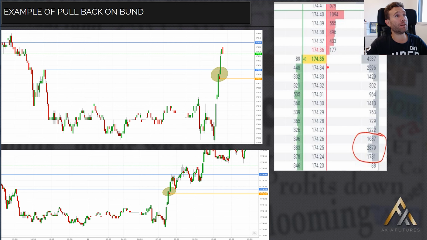You see your volume per price, and that gives you a feeling that the next big figure that has been traded is between 28, 27, 26, 25 and 24.